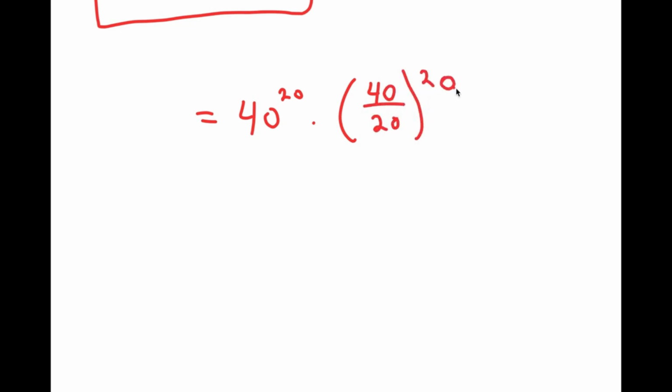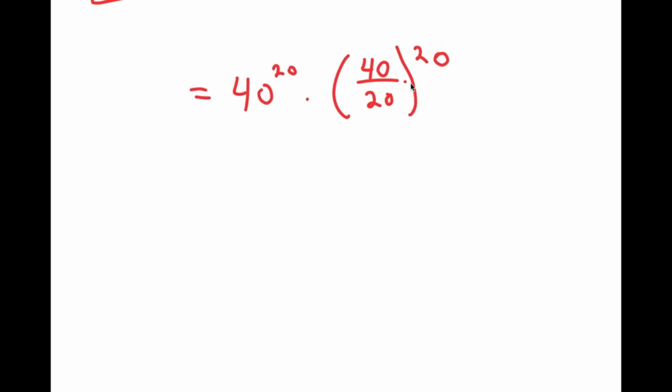And that's going to turn into 40 over 20 to the power of 20. Now, 40 divided by 20 is 2. So I get 40 to the power of 20 times 2 to the power of 20.